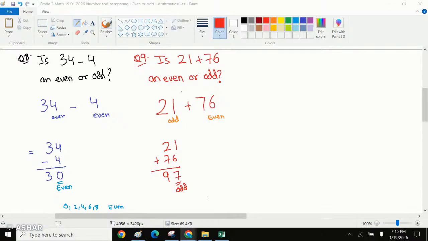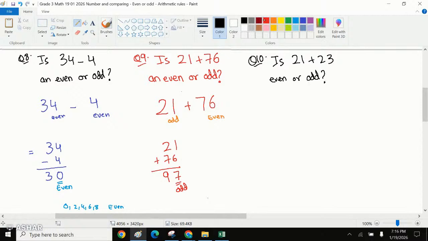Not necessarily every single question will be odd. They can be even or odd. That's why they are asking the question. What about this one? 21 plus 23. They both are odd numbers. Even or odd?